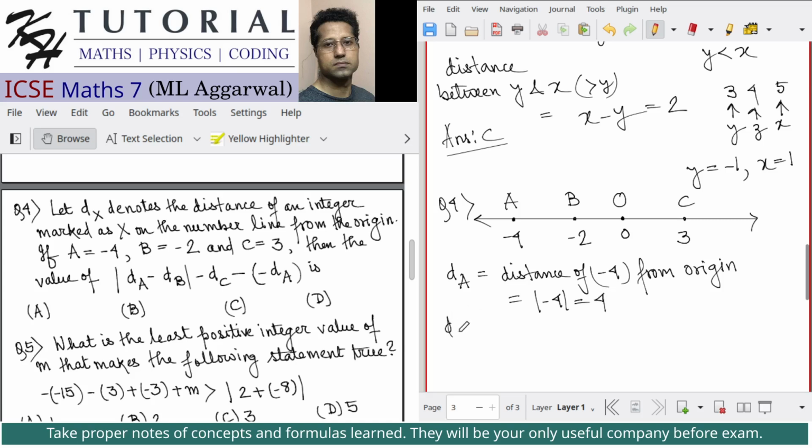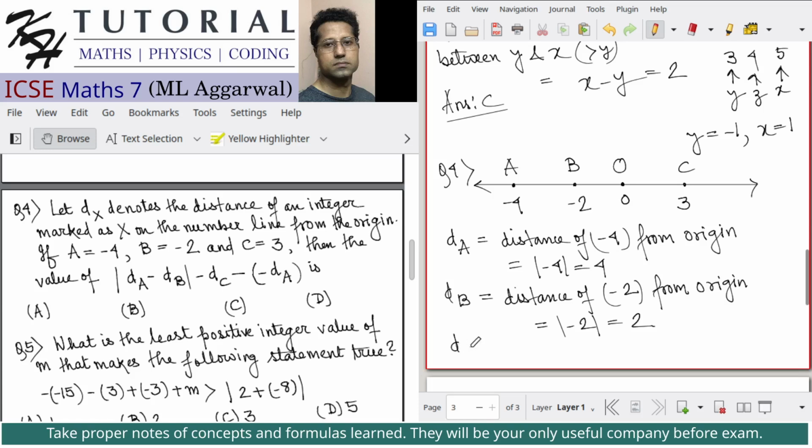Also dB is equal to the distance of the integer value -2 from the origin. This will be the absolute value of -2, which is equal to 2.